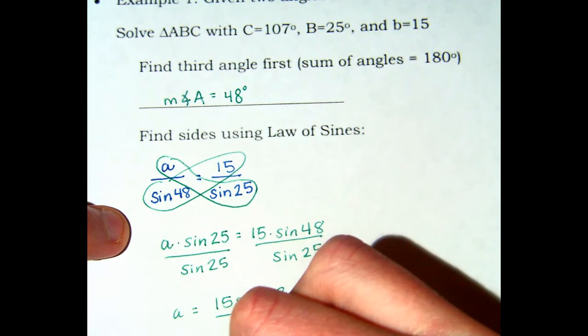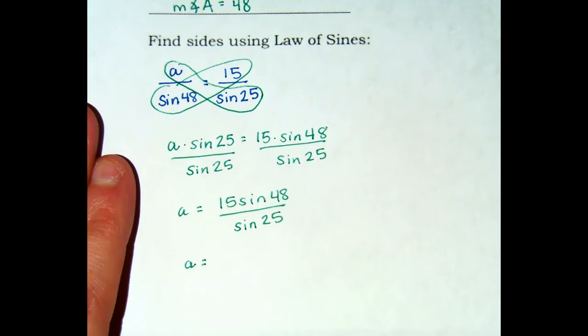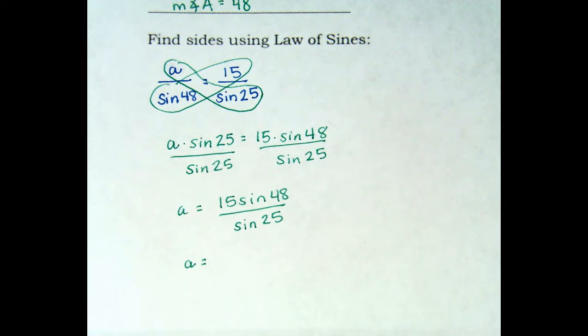Type that in, get A to the nearest 10,000th, which is 4 decimal places. Make sure it's in degree mode. You got what, 26?